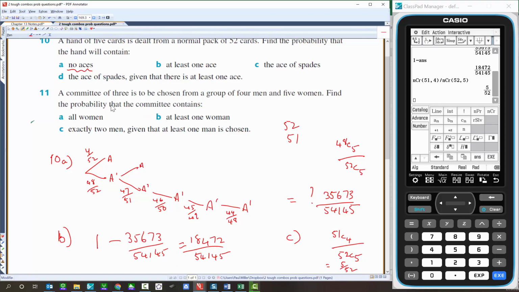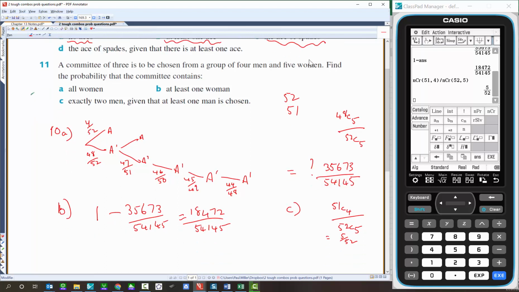Okay, so what we now are going to look at is the ace of spades, given that there is at least one ace. Basically to do that problem, this probability is going to be the denominator and this probability is going to be the numerator. So we've got already the numbers we need for that.